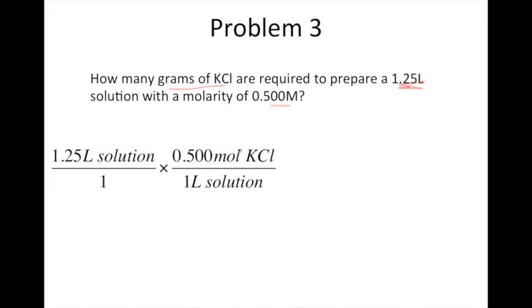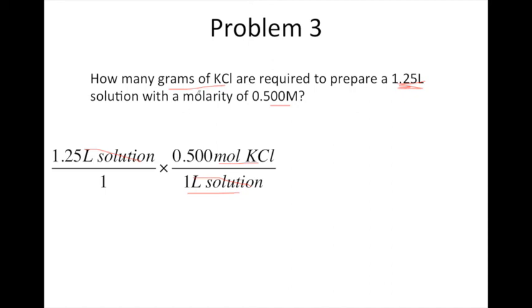So I can use the molarity to convert my liters of solution to moles of solute. So 0.500 molar can be written as 0.500 moles of calcium chloride per 1 liter of solution. So this way, my liters of solution will cancel, and I end up with moles of solute, moles of potassium chloride.